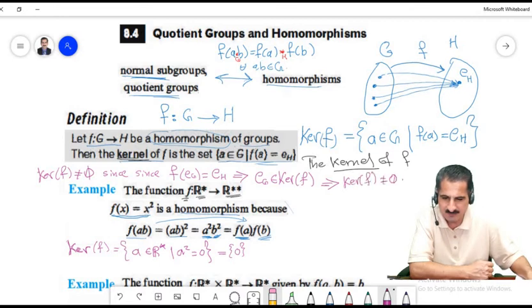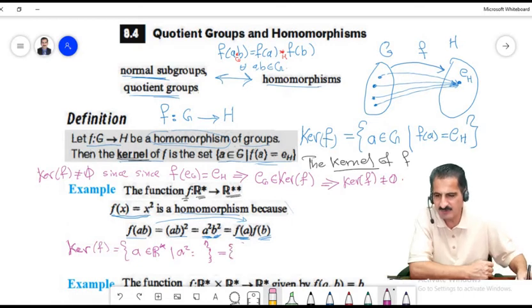Okay, thank you. In here I was thinking that something wrong is happening here, because if this function is not 1-to-1, the kernel has more elements than this. But this has been taken care of because the codomain of the function, which is the range here, is the set of positive integers only.